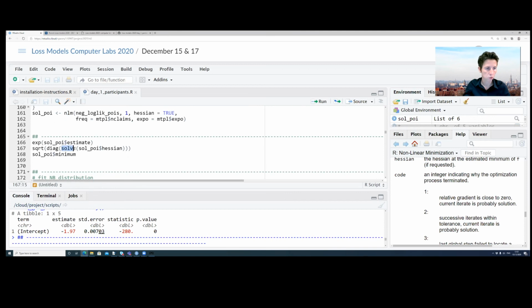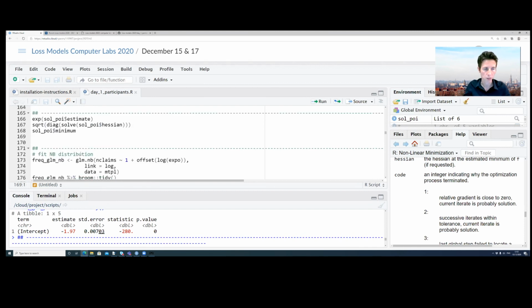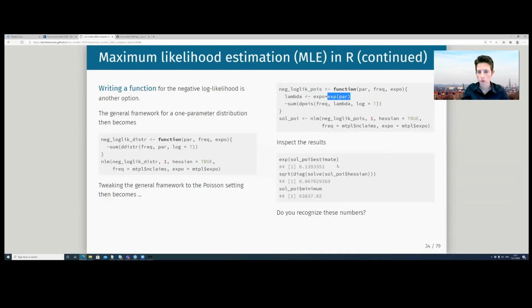And what we do here is we take the inverse of the Hessian and we take the square root of the elements on the diagonal. So that's the standard error that comes with our maximum likelihood estimate. And here it's the standard error that comes with our estimate for the intercept, for the beta 0, or for the expression of par, if you want.